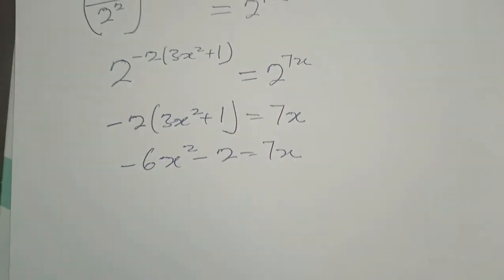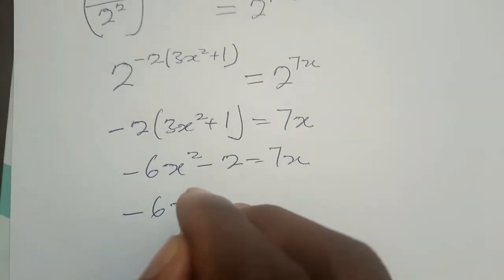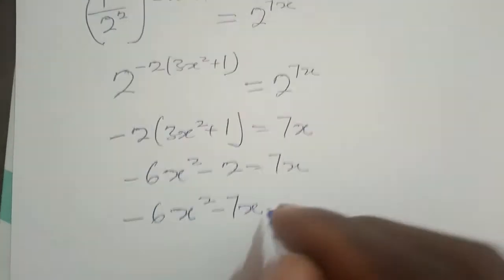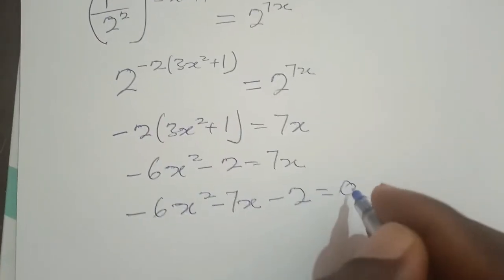We regroup all of them to the left hand side. We are going to get -6x² - 7x - 2 = 0, because when this one comes over, it becomes negative.